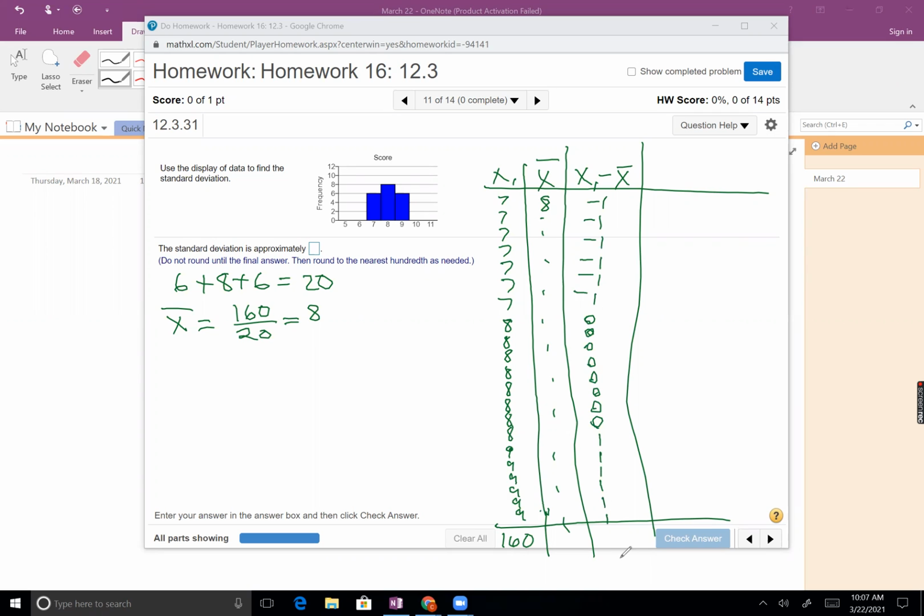I'm subtracting across: x sub i minus x bar, so it's 7 minus 8, 7 minus 8, 7 minus 8. We take the number from the first column minus the mean.